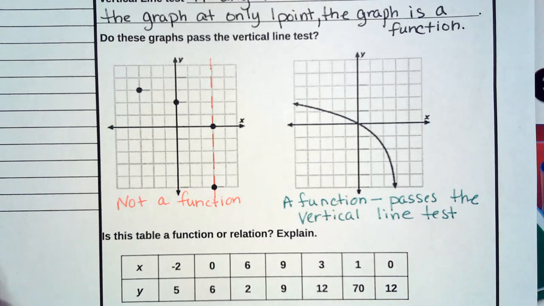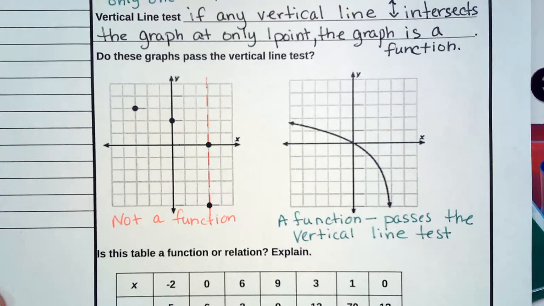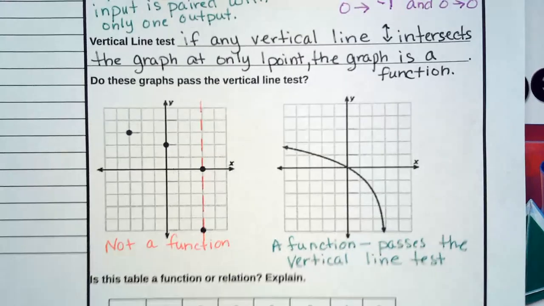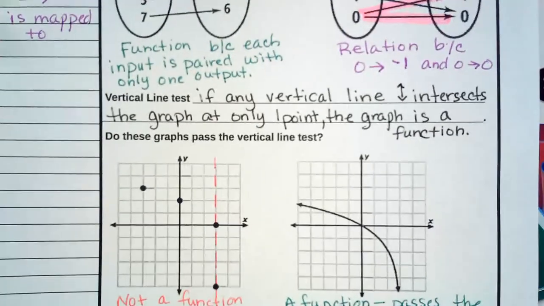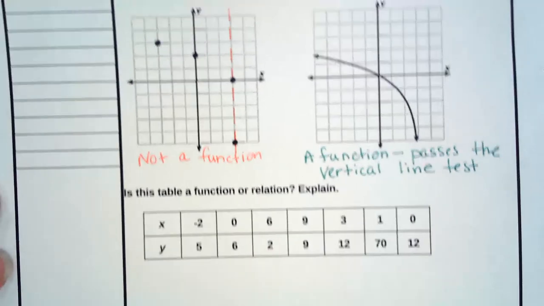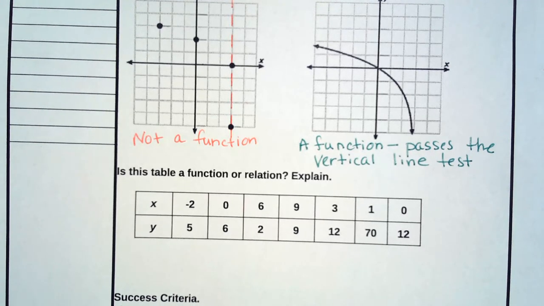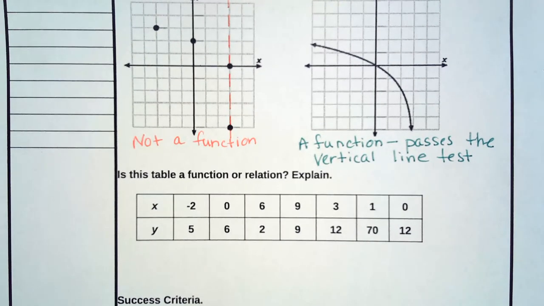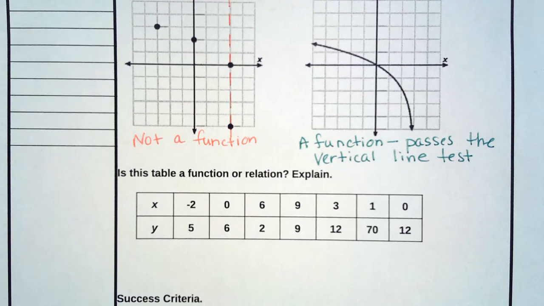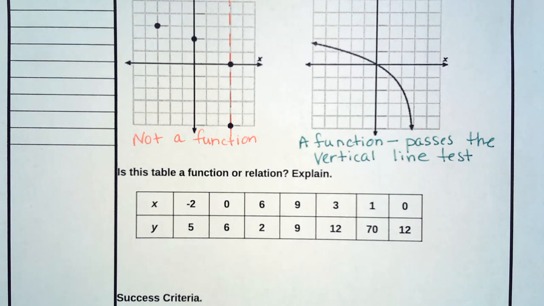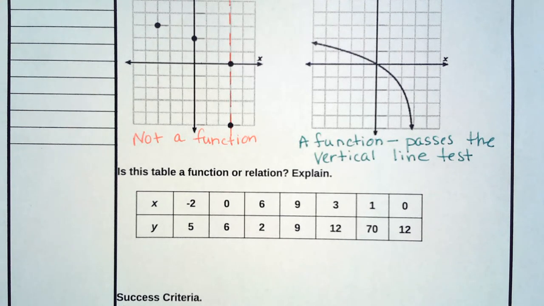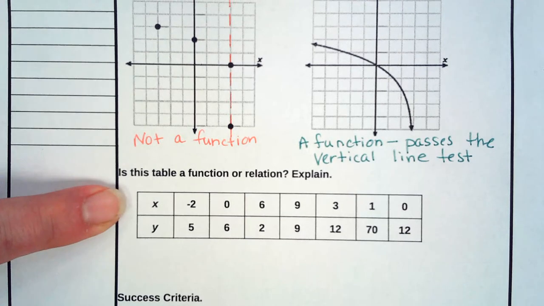Okay, we've looked at coordinate points. We've looked at mappings. We've looked at graphs. So the last thing we look at is a table. Is this table a function or a relation? Explain. What are we looking at? Which values do we have that cannot repeat? The x value.